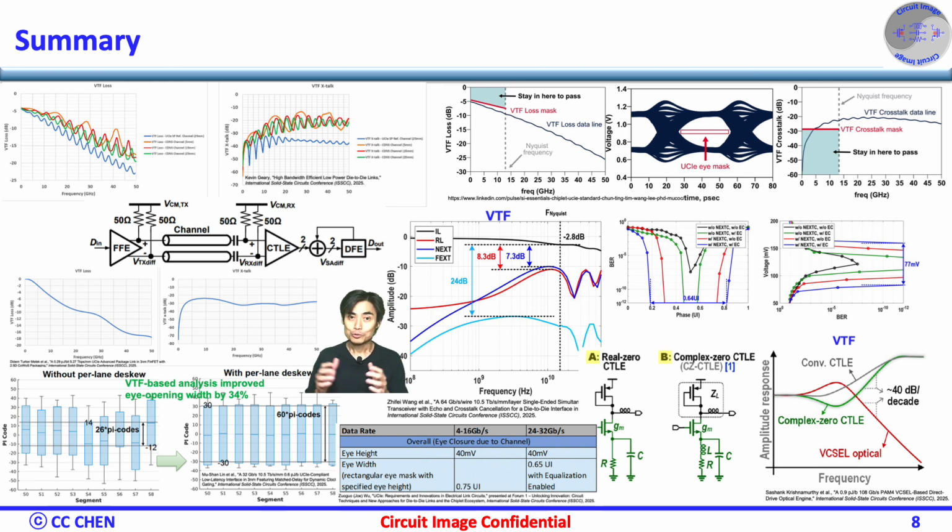Traditional metrics fail to fully capture voltage loss and real-world signal integrity issues in die-to-die systems. VTF enables engineers to directly assess signal degradation, optimize equalization, reduce noise coupling, and ensure compliance with UCIe specifications. Case studies have proven its effectiveness in debugging, verification, and compliance testing, making it a must-have tool for next-generation SI analysis.